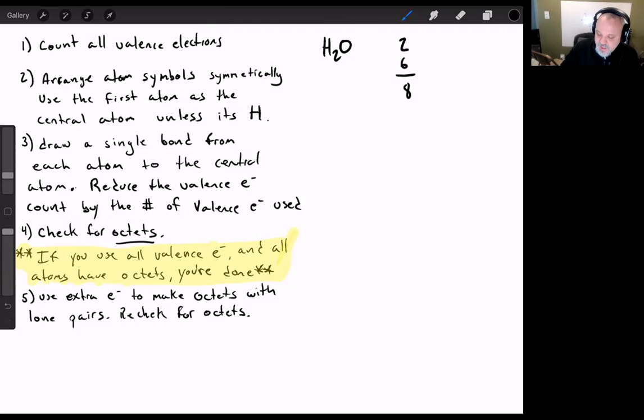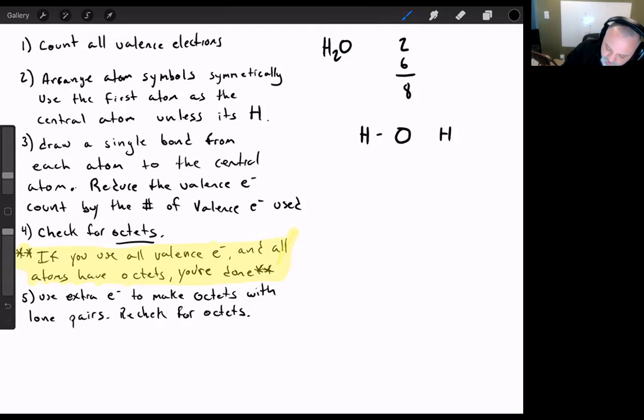So I've got 8 valence electrons to work out. Let's arrange them symmetrically. I'm usually going to use the first atom as the central atom unless it's hydrogen. Since hydrogen is the first atom listed in this formula, I won't use it as the central atom. I'll use oxygen as the central atom in this case.